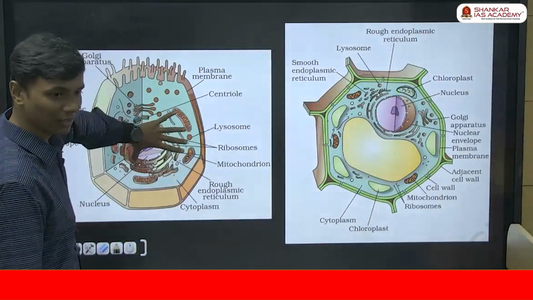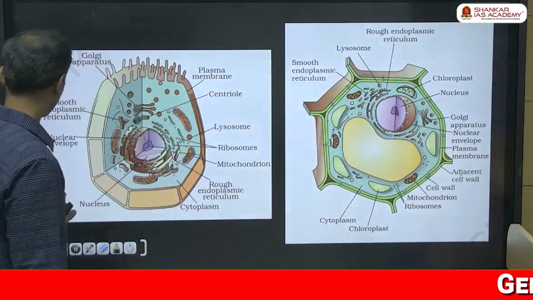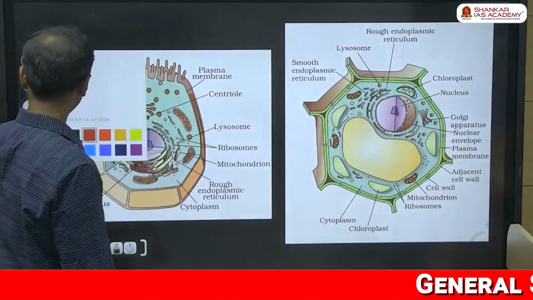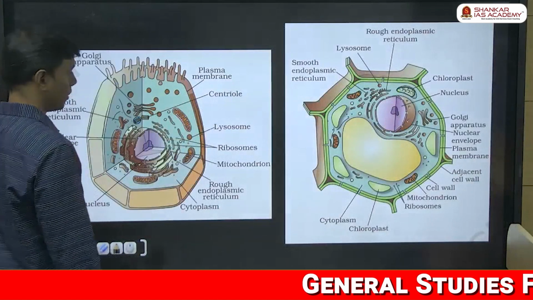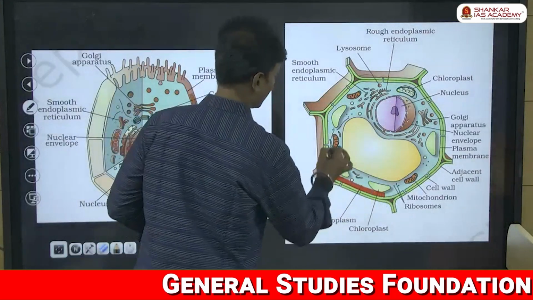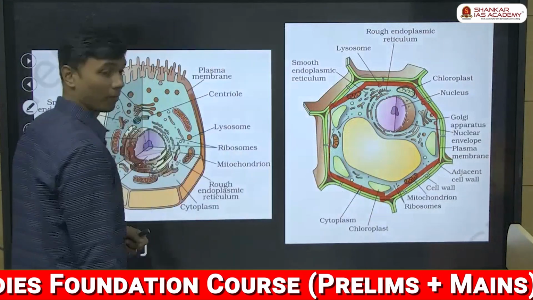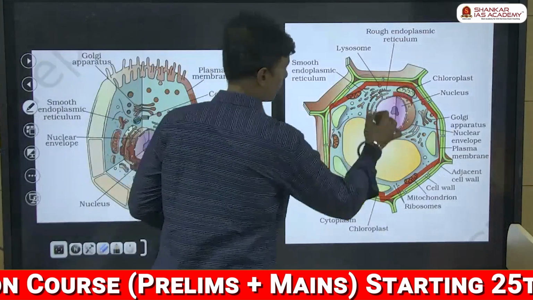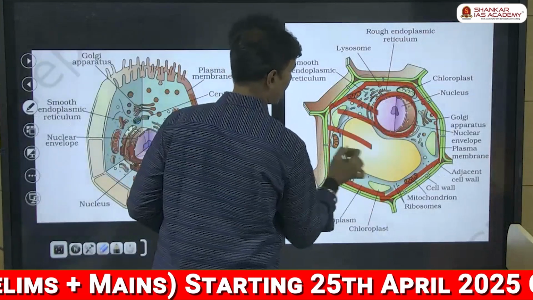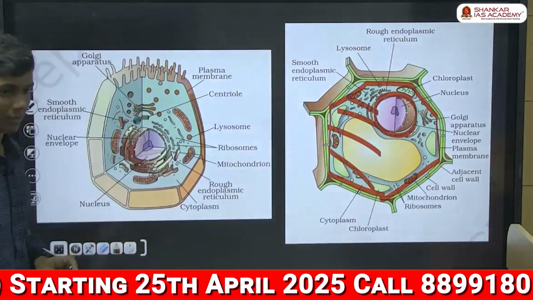Together it is called protoplasm. Once again, this entire content will be called what? Protoplasm. And leaving out the nucleus, the highlighted portion will be called cytoplasm. Have you understood this?